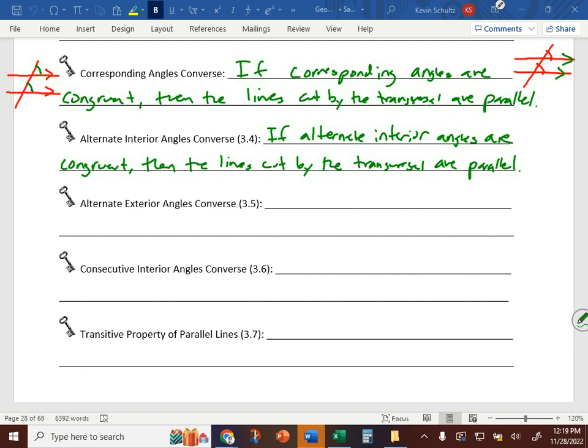Again, it is the opposite of what the alternate interior angles postulate does. The alternate interior angles postulate says if you have the parallel lines, you can conclude the angles are congruent. This one says if you know the angles are congruent, you can prove the lines are parallel.